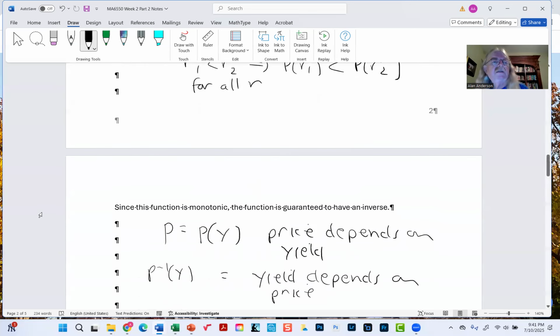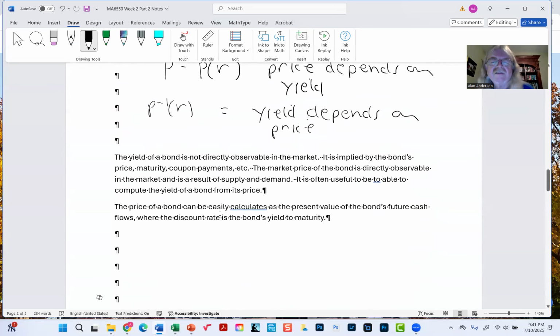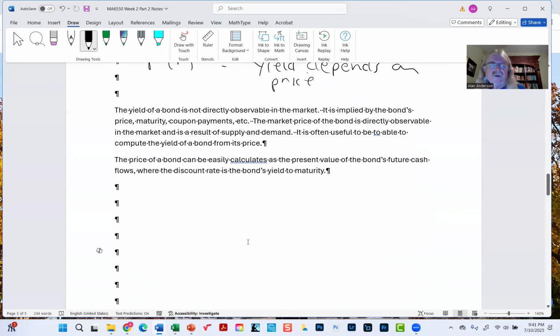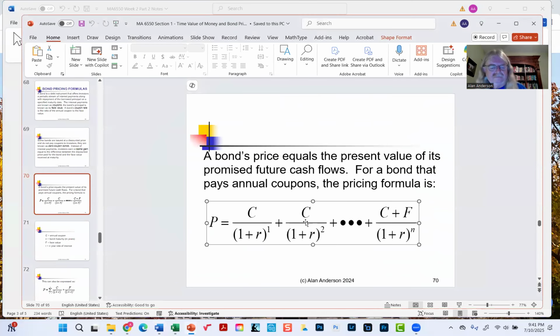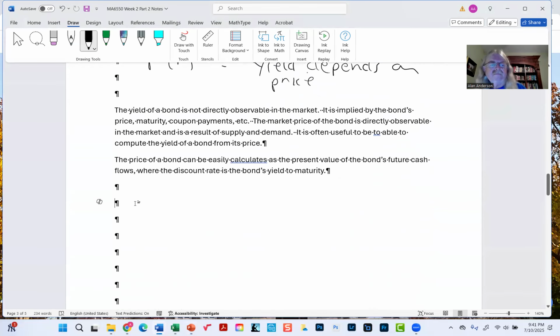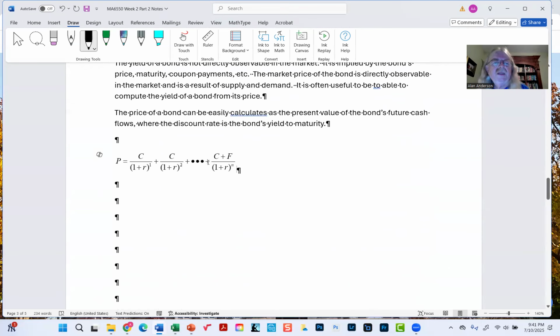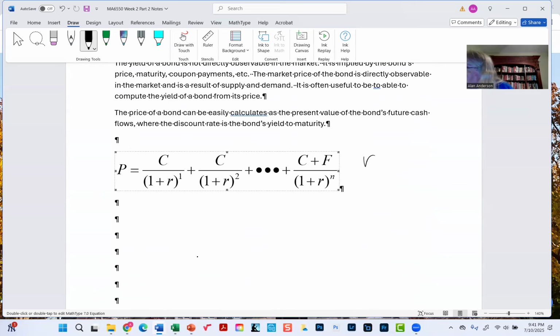Okay. Very good. Now we got that straight. So here's the price. It's easy to calculate the price. And remember too, the R is the yield to maturity.